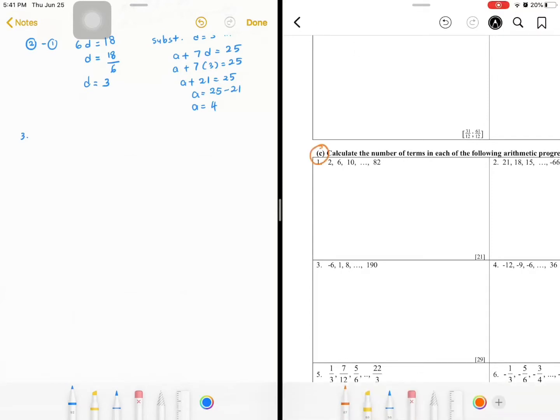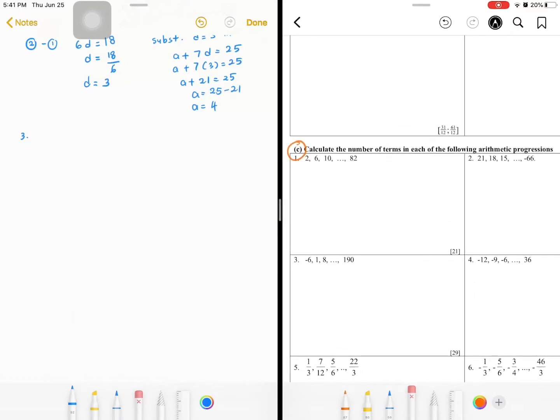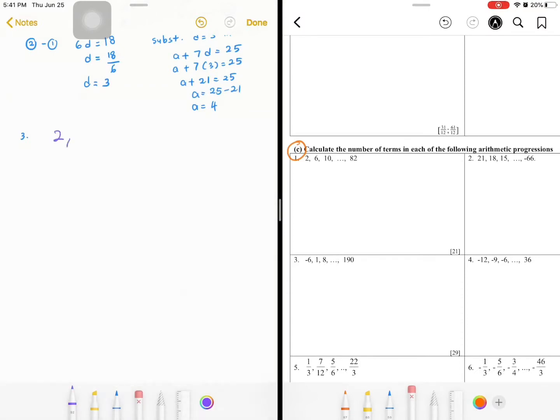Calculate the number of terms in each of the following arithmetic progression. Now let's do question number 1. So for question 1, we have the numbers 2, 6, 10, until you see number 82.